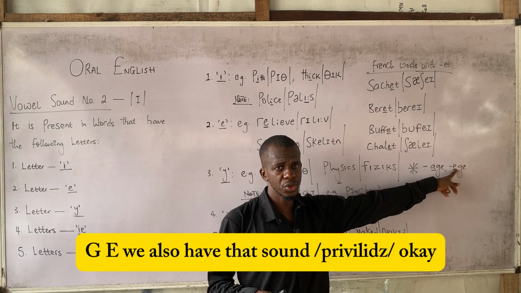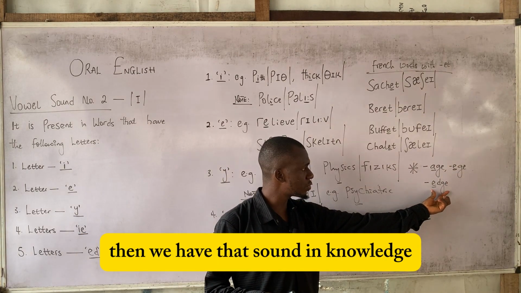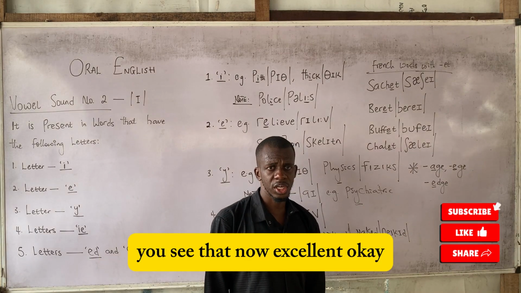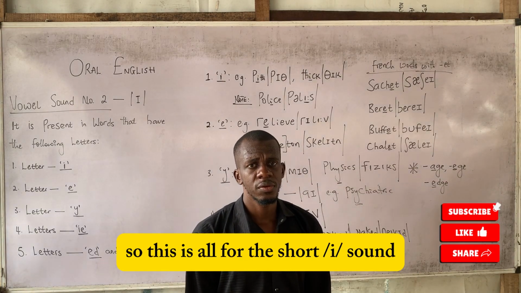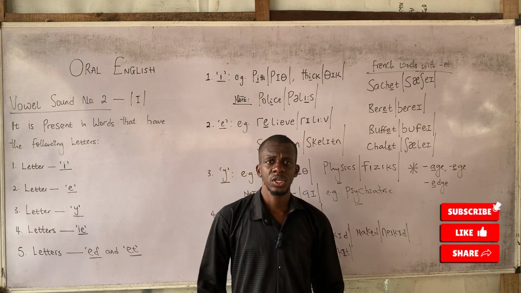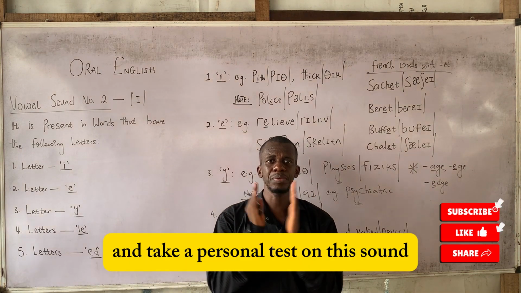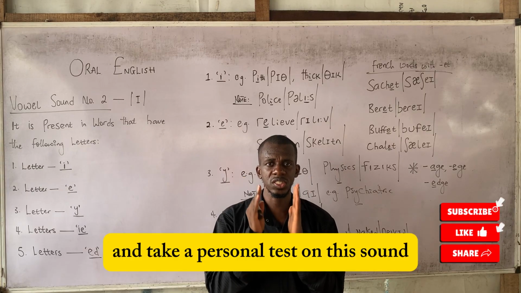Okay, then we have that sound in knowledge. You see that now? Excellent. Okay, so this is all for the short e sound, ensure you get your past questions and take a personal test on this sound.